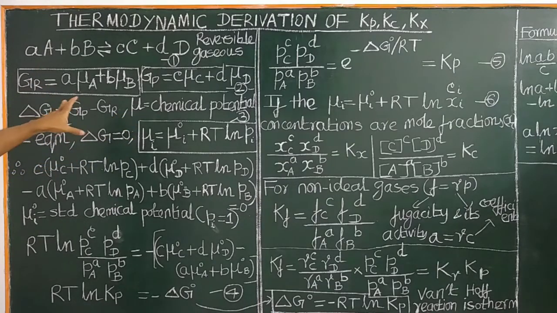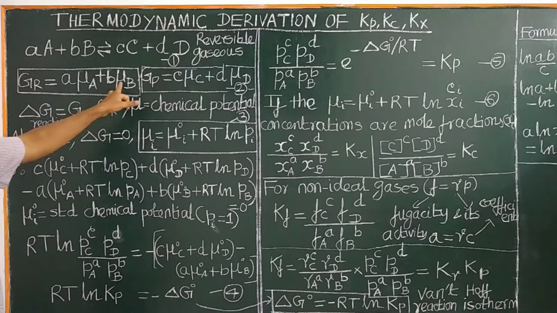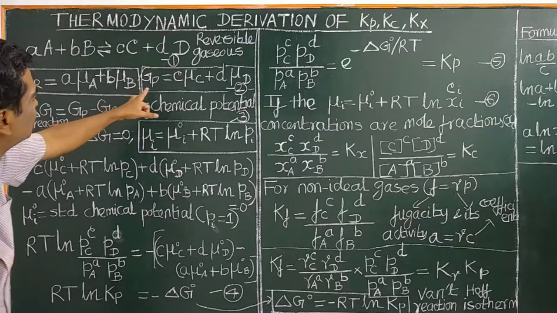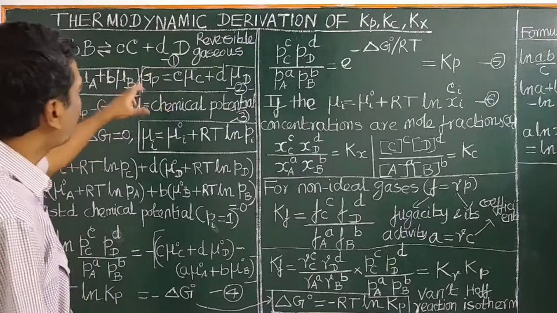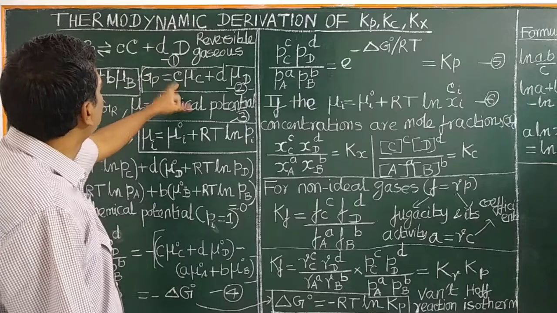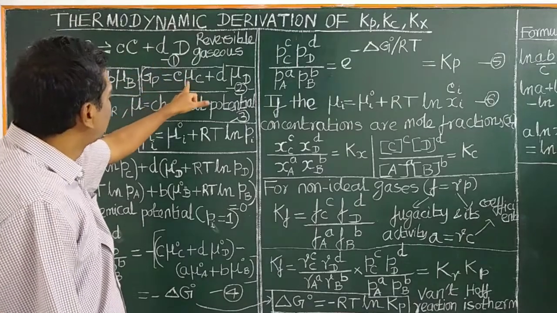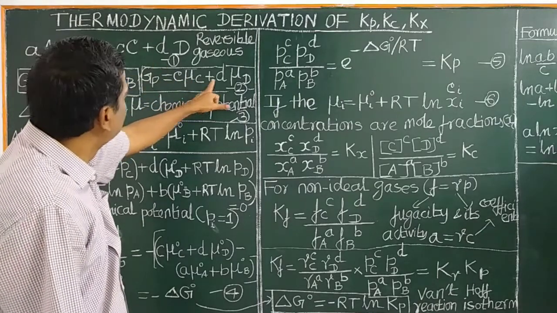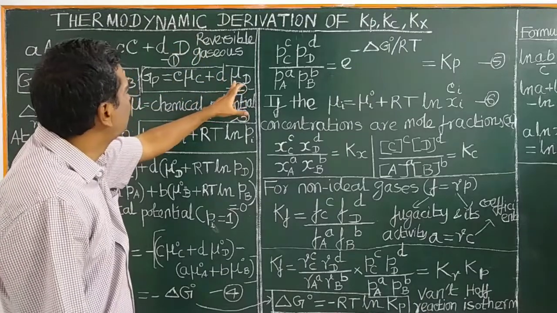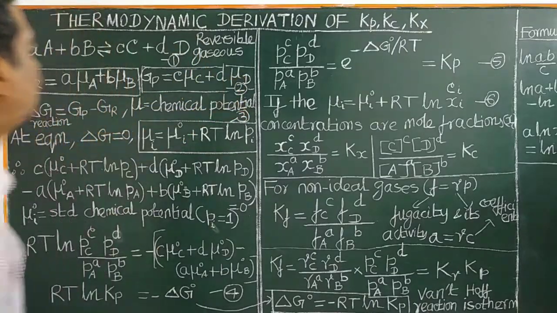What is the relation between free energy and chemical potential? அப்போ வந்து பாத்தீங்கன்னா free energy of the reactant is equal to a into chemical potential of A plus b into chemical potential of B. Similarly, the free energy of product is equal to c into chemical potential of C plus d into chemical potential of D.